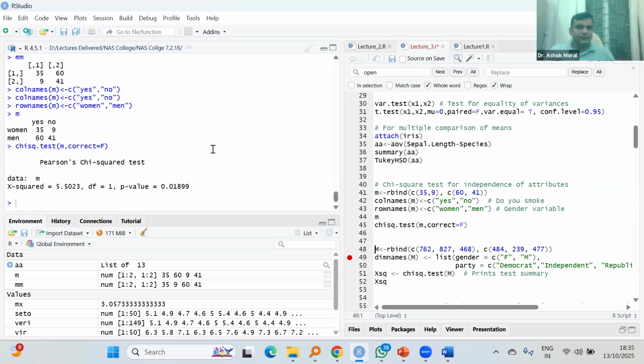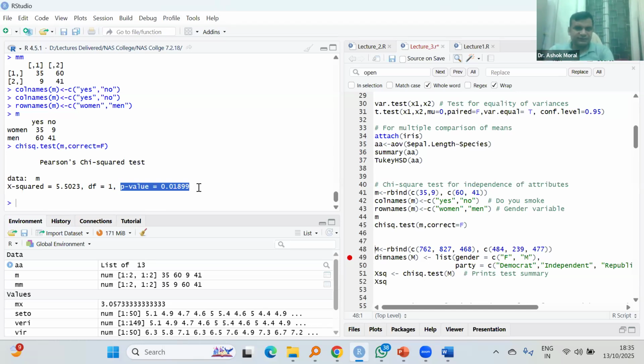Again, if it is a test, then there is a null hypothesis, and the null hypothesis is that there is no association between the two variables under study, here smoke and gender, suppose. So in that case there is an association between gender and smoke.